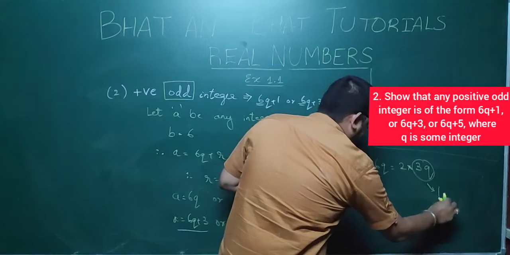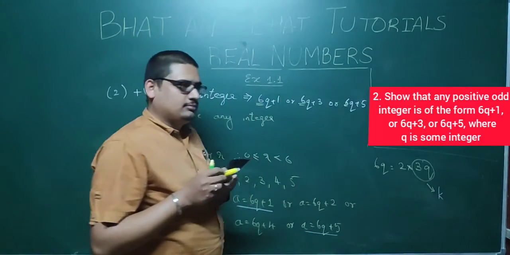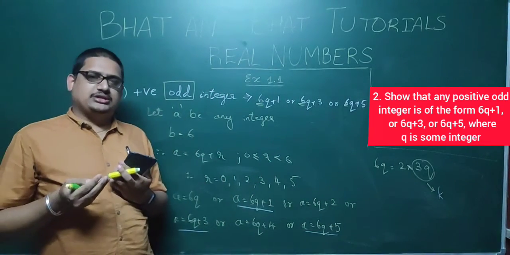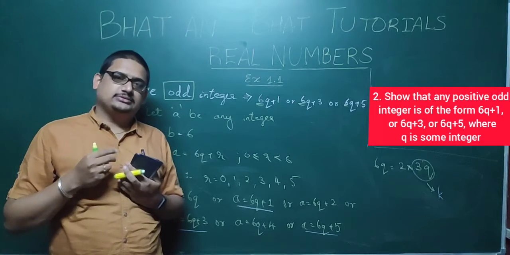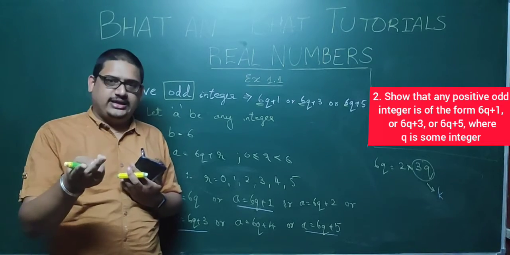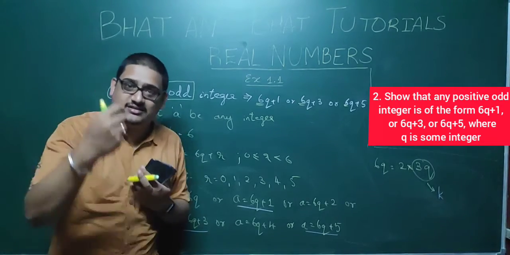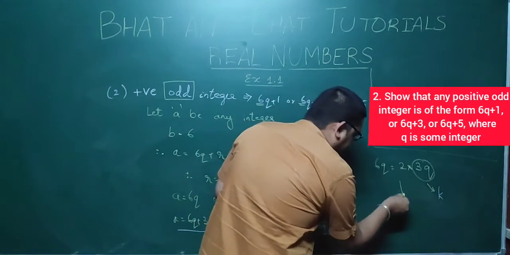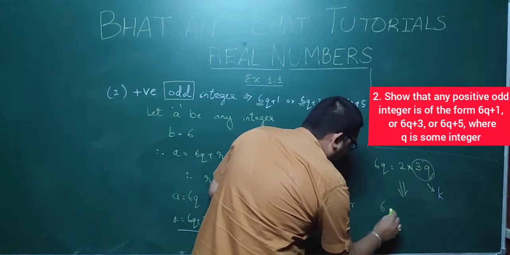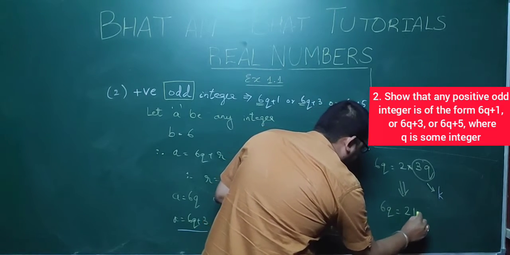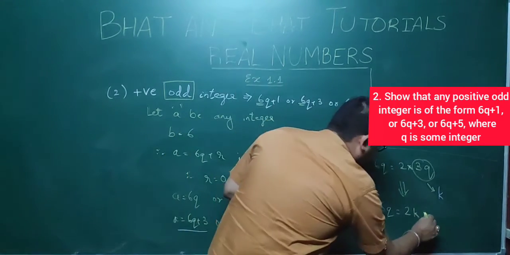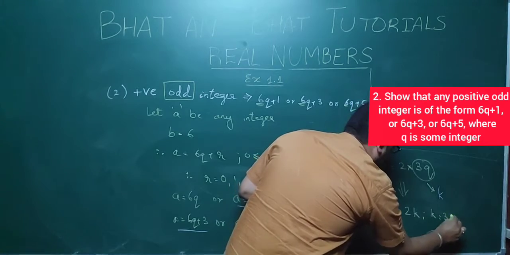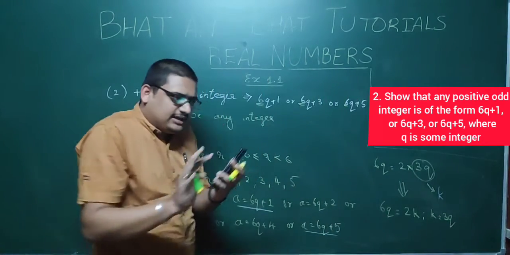I can say it as k. For example, in a given question, my quotient was 3. By multiplying 2 to 3, it is becoming 6, but still it is a quotient only. So I can rewrite this as 6q is equal to 2k, where k is equal to 3q.